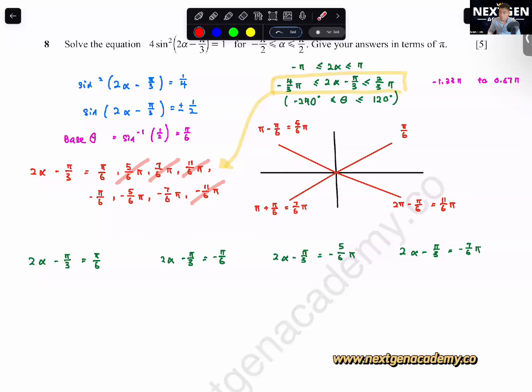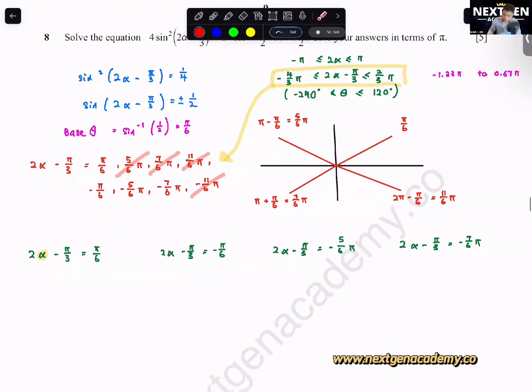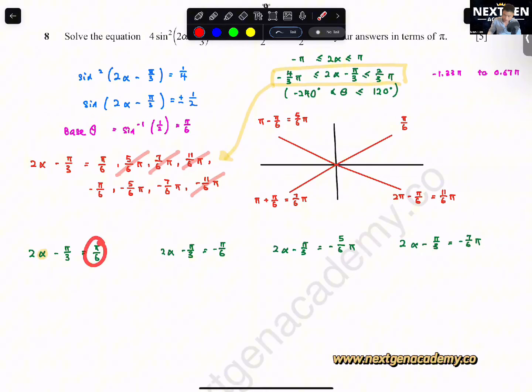All right, this is what I want you all to do. Do you need to slowly count one by one? In exam, this is what you want to do. Your goal is to find alpha, right? So the only thing that is changing is these values here. So if you want to do an easy way, you take out your calculator, you treat this as x. So the only thing that you are changing here is your x. You plus pi/3, then you divide by 2.